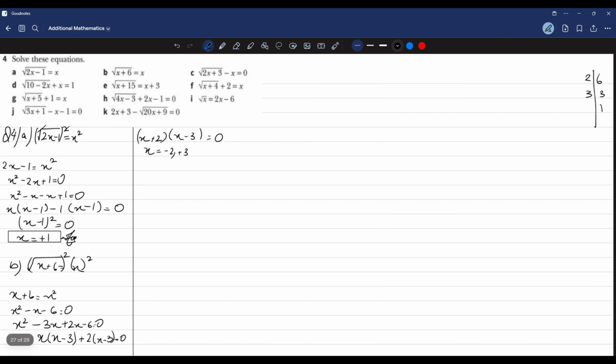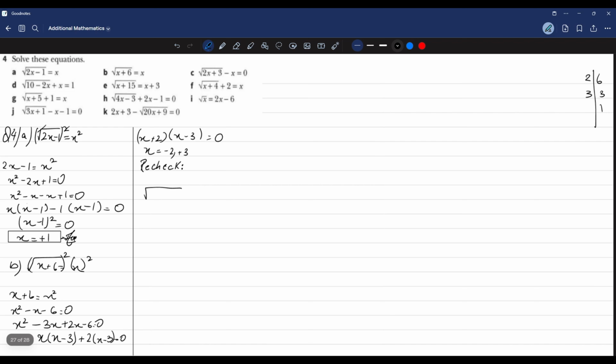So we have two values for x, and let us just check which of them is correct or not. Again, recheck them because we have to recheck. We've got under root of x plus 6.